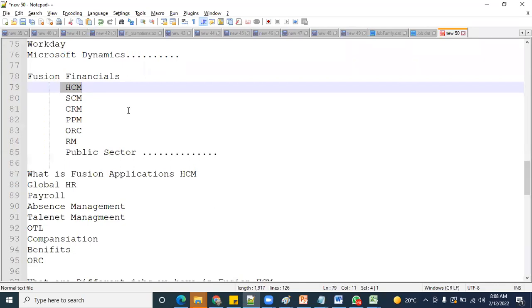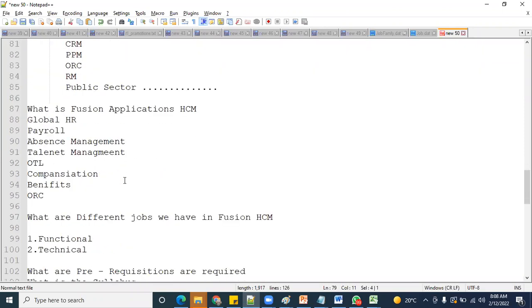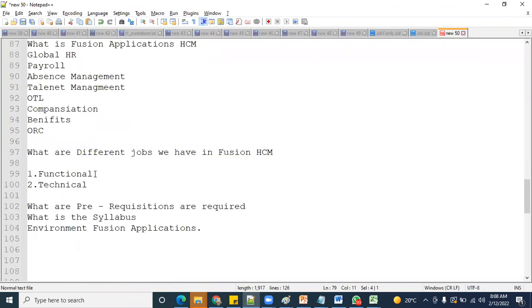We don't require any coding. What we need is good English, because a functional consultant needs to interact with the clients or on-site managers or the project managers or business users, right? So we need good English. That's the functional consultant prerequisite.